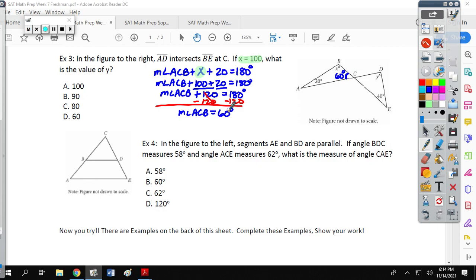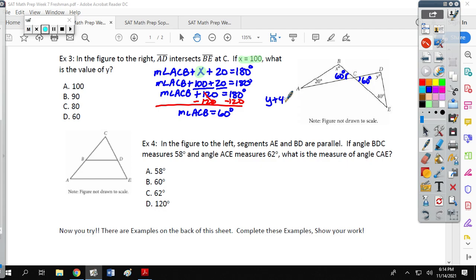Now the reason why we care is because if that is a 60-degree angle, then vertical angle theorem says that angle ECD is also a 60-degree angle, which then allows us to set up a second equation.